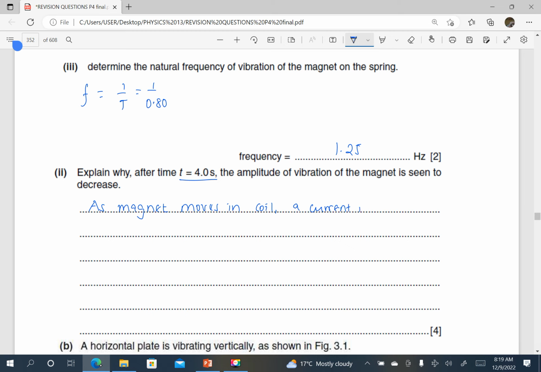That is in accordance with Faraday's law because the coil cuts the magnetic field. The current in the resistor gives rise to a heating effect.